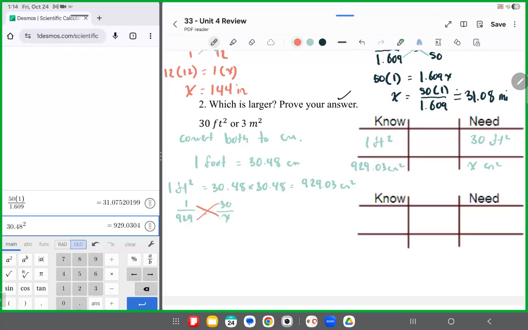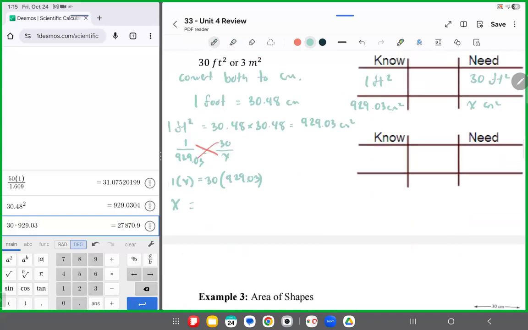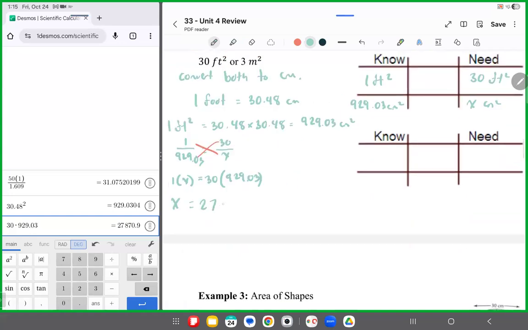Using the method of the means and the extremes, we end up with 1 times x is equal to 30 times 929.03. So x will be equal to, so we take 30, multiply it by 929.03, and we get some large number. In this case, we get 27,870.9. And these are going to be centimeters squared.